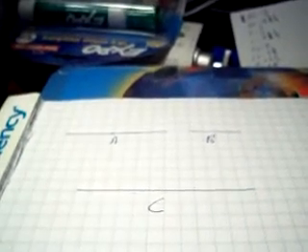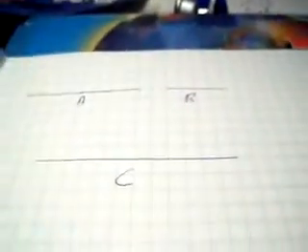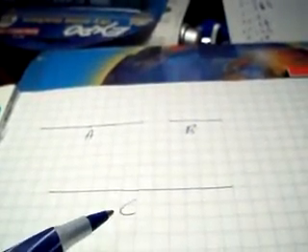If the ratio of C to B is greater than the ratio of C to A, then the length of B is less than the length of A. Because if that were not true, then B would be the same length as A, or B would be longer than A. Well, we can first of all say that if B were the exact same size as A, then the ratio of B to C and A to C would be exactly the same.